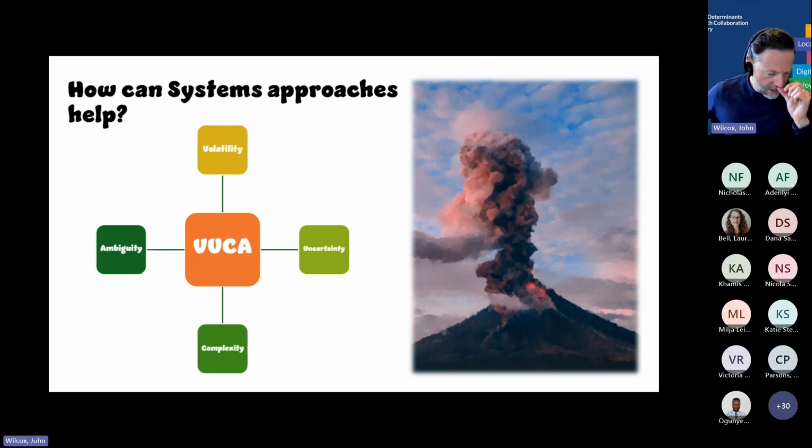Okay, so as I said, in this next section, I'm just going to go on to the application of system approaches to public health. So I guess the place I'm starting in this, and you may have come across this before, is what we know today: the world we operate, live and work in can be categorized as volatile, unpredictable, complex and ambiguous.